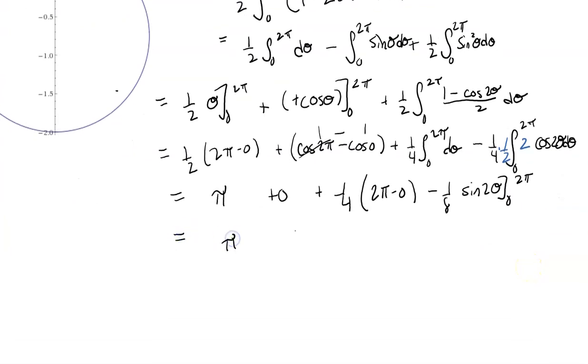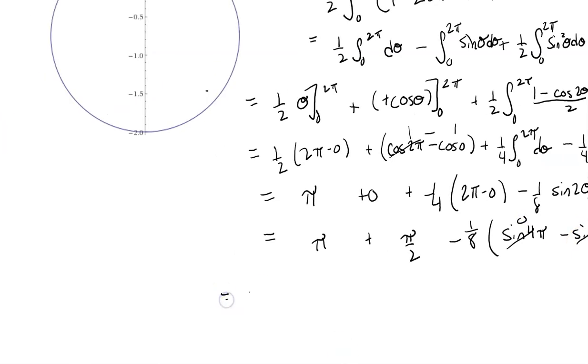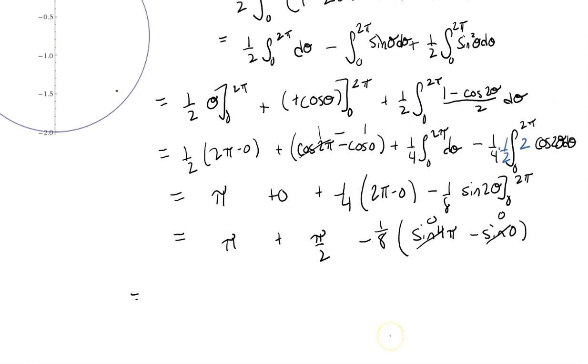So we have pi plus pi over 2 minus 1/8 times sine of 4 pi minus sine of 0. And this is 0 and this is 0. So I really just have pi plus pi over 2, which is 3 pi over 2. And that'll be units squared.